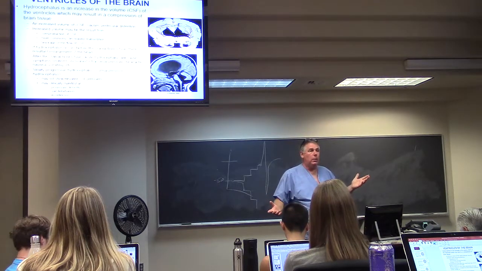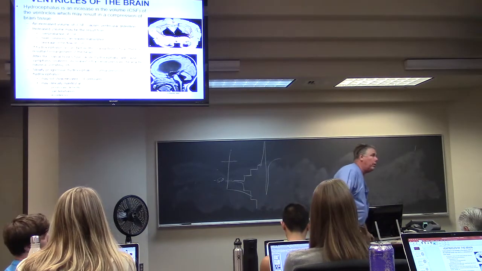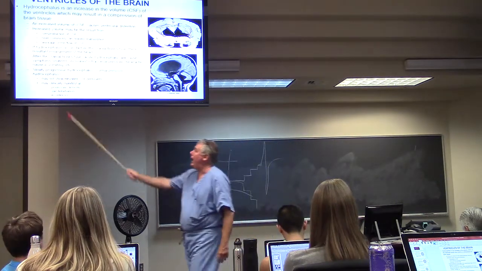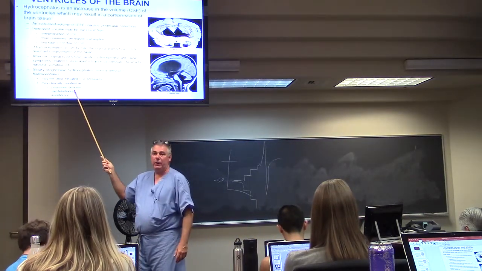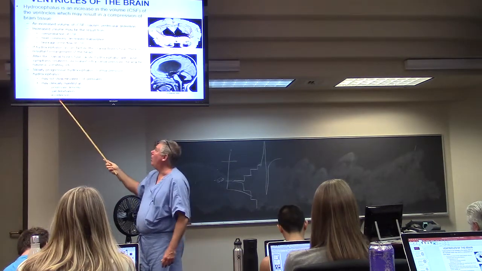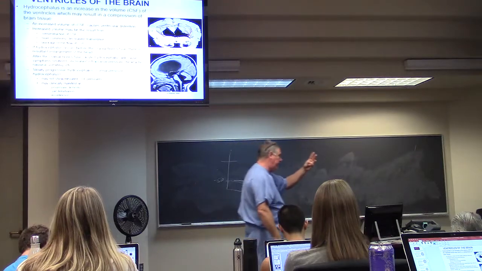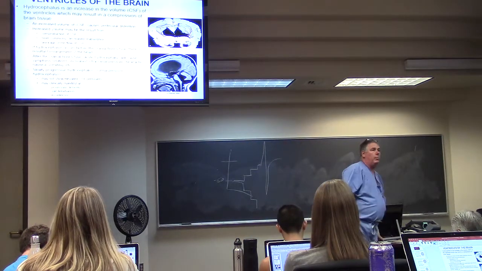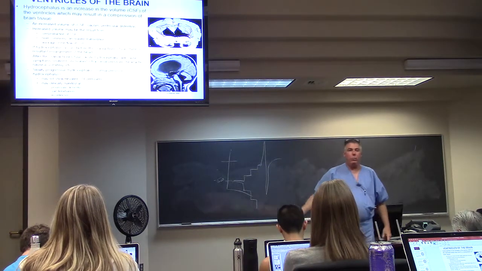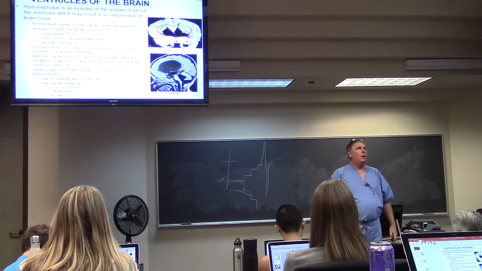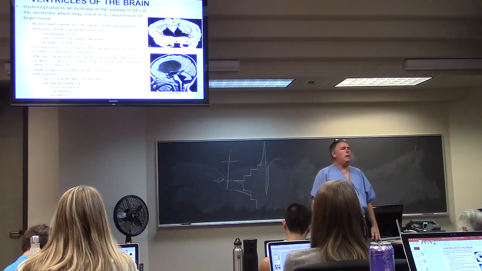It's normal. Right? But the problem with these people is they have a triad. The principal thing of the triad is worsening dementia, along with incontinence and gait disturbance. Those are the three things that you need to know for normal pressure hydrocephalus. And of course, advanced age is the other thing.